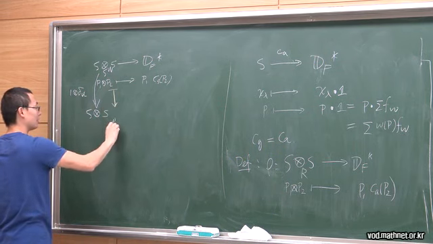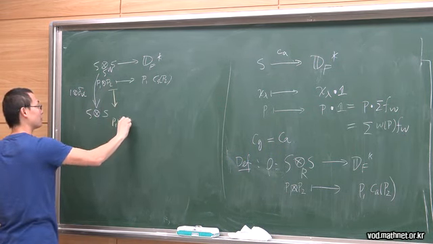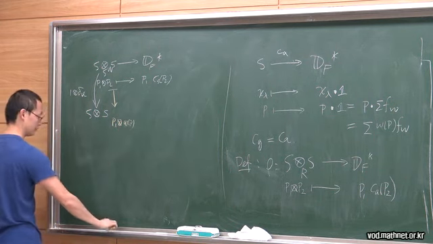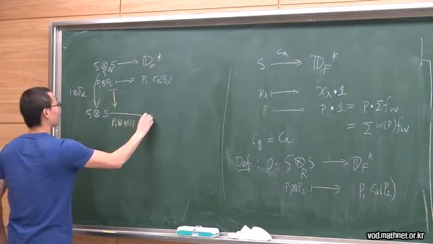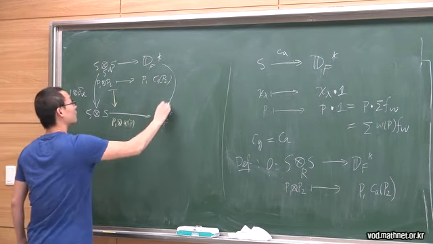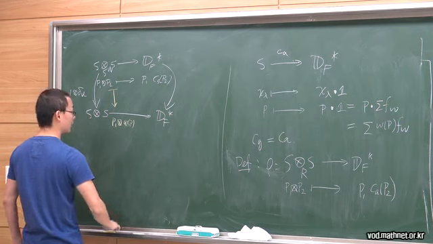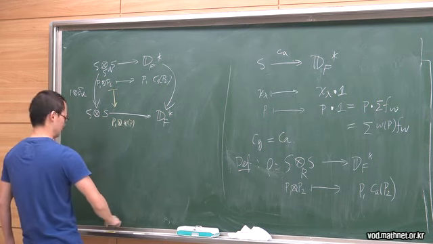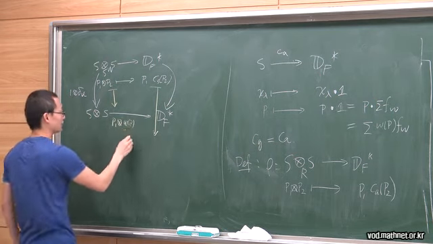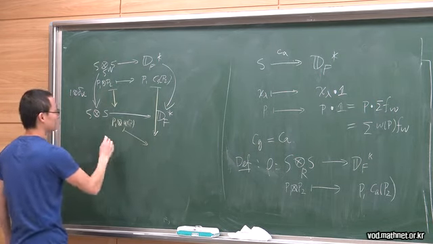Mapped to P1 tensor u of P2. Now if you apply this map again, let's first consider this one.